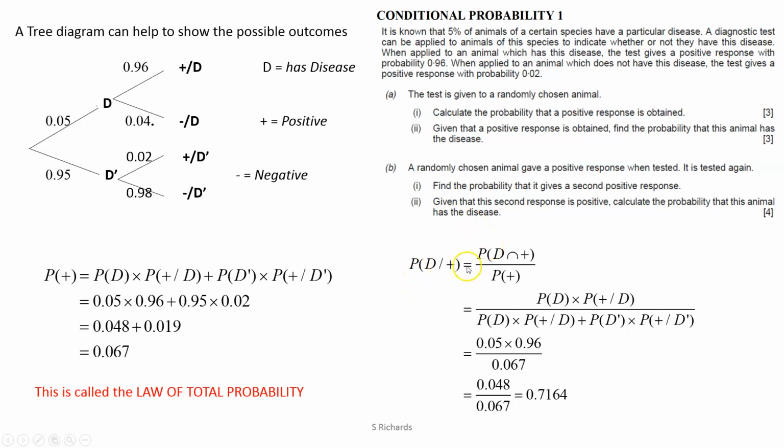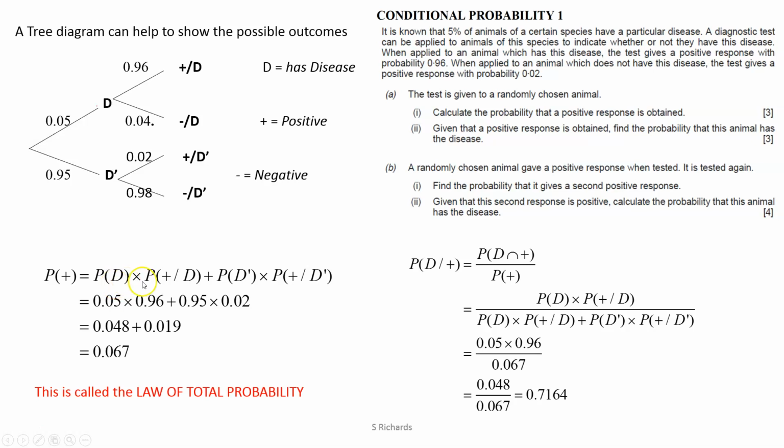The probability given a positive requires us to divide by the probability of a positive result. Of course, this is 0.067 from earlier. On the numerator, we have the probability of the two conditions, diseased and positive. And of course, this was obtained partially from the calculation above in part 1.